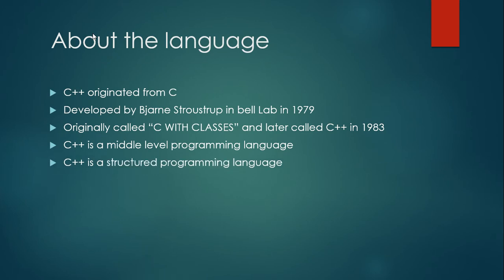Now when we talk about the level of a programming language, we have the low, the middle, and the high level. If a programming language is low level, it means writing code in it is closer to the machine code, closer to the bits of zeros and ones.